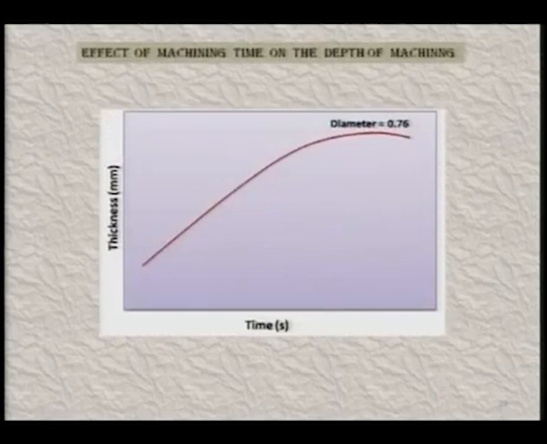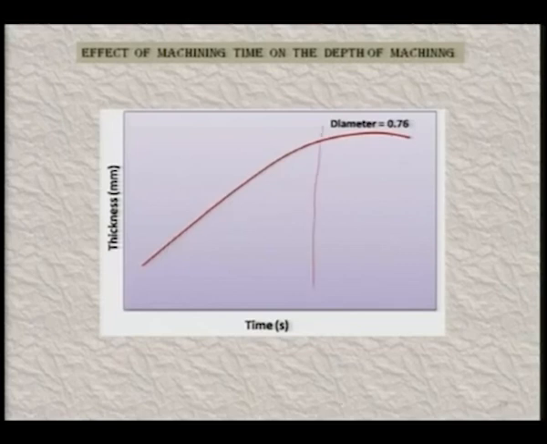Now, in this particular case, the effect of time on the thickness of the workpiece material being machined is shown, and you can see the diameter of the hole or cavity being machined is just 0.76 millimeter. As time increases, the depth of the hole being drilled also increases, but after a certain time it becomes more or less constant.